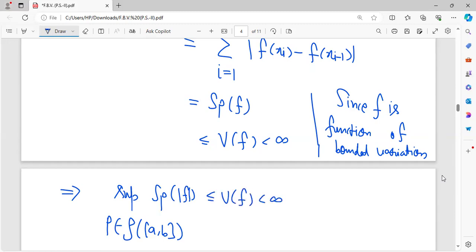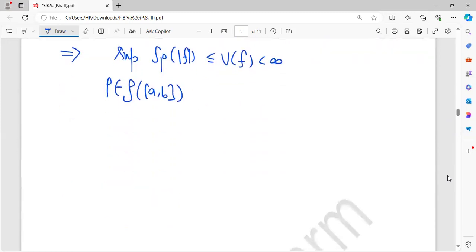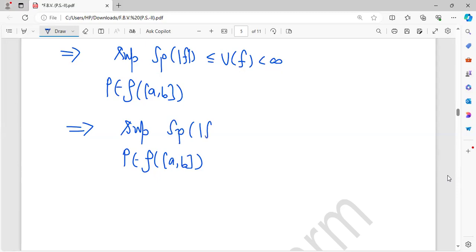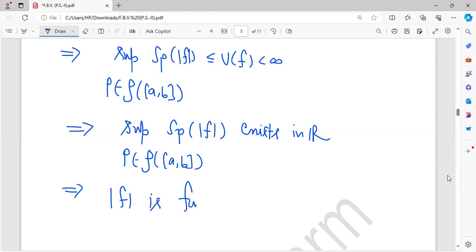This implies the supremum over P in the collection of partitions of S_P exists in R. So this implies mod f is a function of bounded variation.